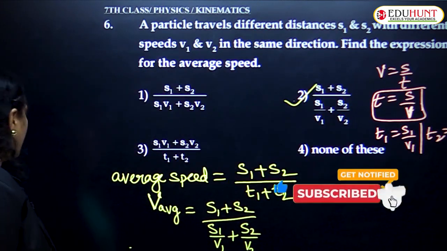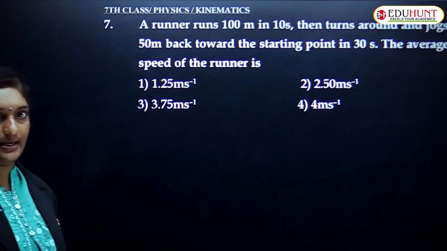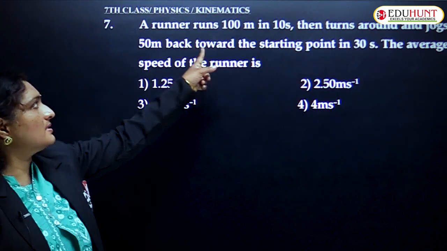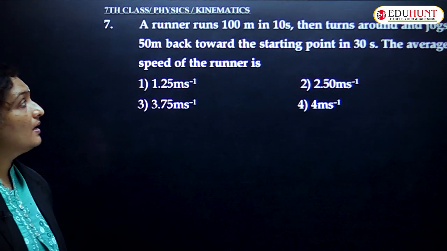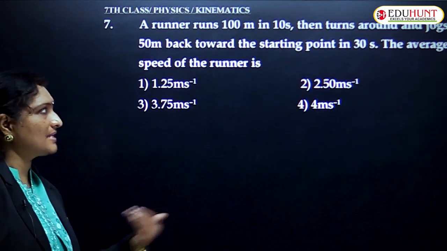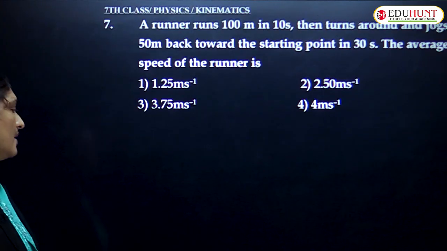Okay. So, moving ahead, question number 7. A runner runs 100 meters in 10 seconds. Distance is given, time is also given. Then turns around and jogs 50 meters back towards the starting point in 30 seconds. The average speed of the runner is.